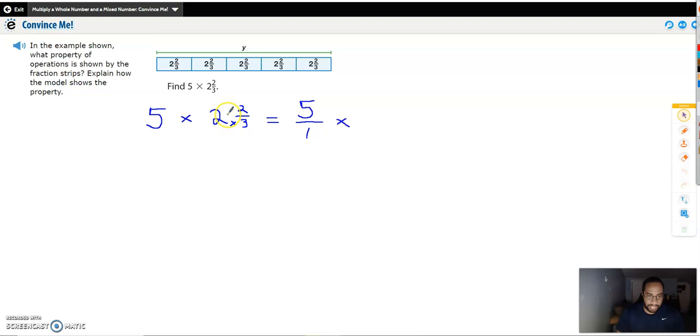And then what do we do next, Stephen? Then we add. 3 times 2 is 6, plus 2 is 8. So that becomes 8/3. We keep that same denominator. We do not change it.